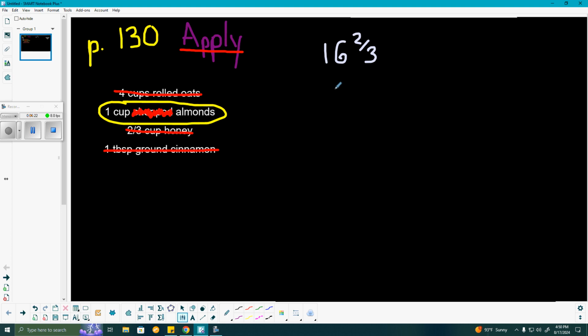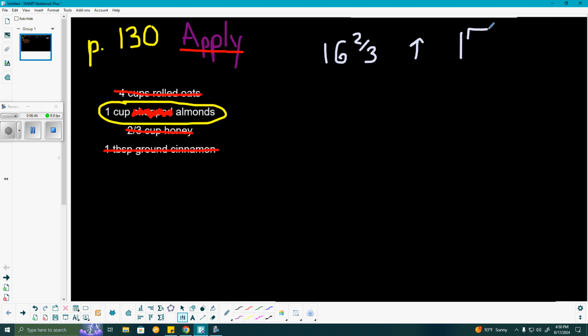However, the person that we buy our almonds from doesn't sell them in 2/3 of a cup. You'll notice that it says on question 2, 1 pound of almonds costs $9.99 and contains 3 cups. Now that is 3 whole cups. So here's what we're going to do.